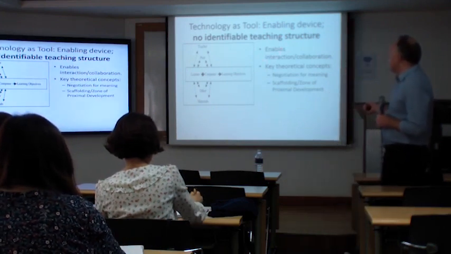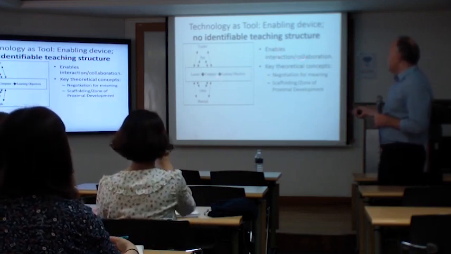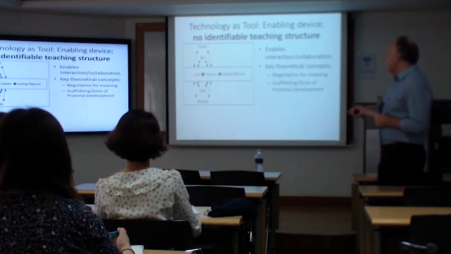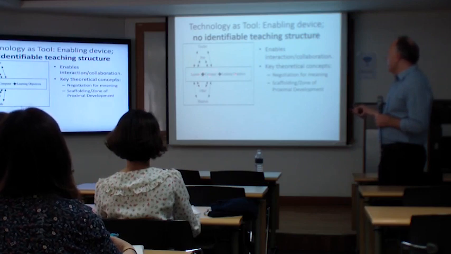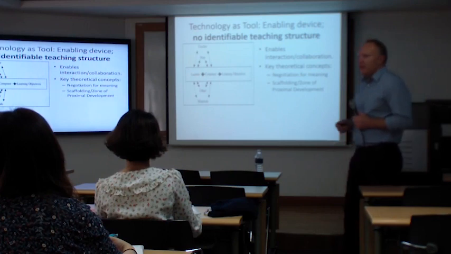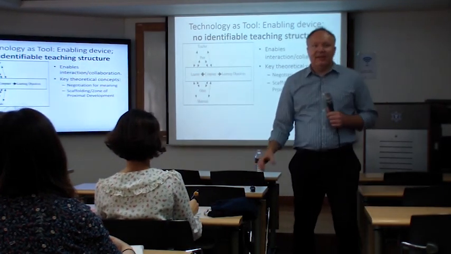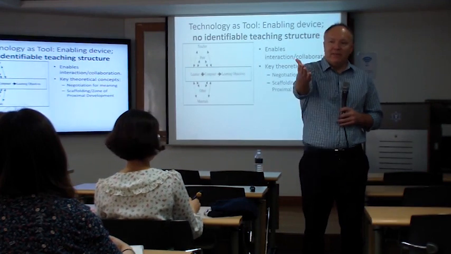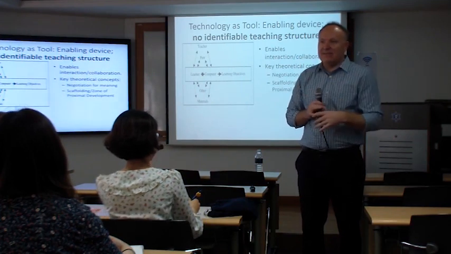For example, it enables interaction. It enables collaboration. So, in the middle here, we have the learner, the computer, and then the other side. The way I like to think of this is the computer is in the middle. It's mediated. And so if I'm speaking with him, we could talk through it, he could see my face on the screen, and I could see his face on the screen.